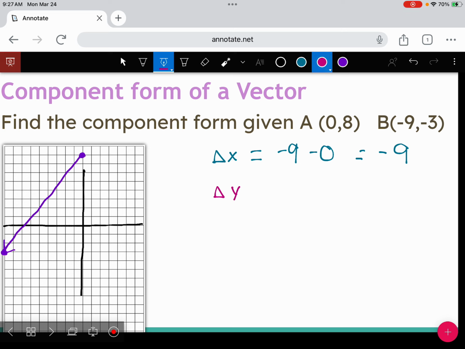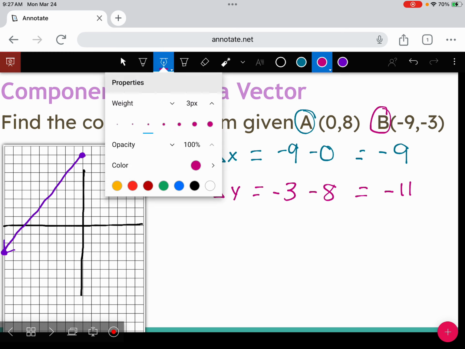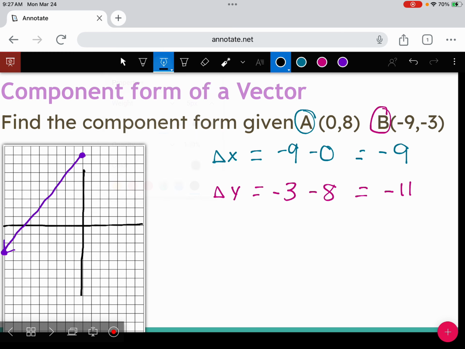The change in our y's we get from doing -3 minus 8. We're always going to take our terminal side and subtract our initial side. So the change in our y's is -11. So the component form of our vector, we're going to have our angle brackets. The change in x was -9, and our change in the y's is -11, angled bracket.